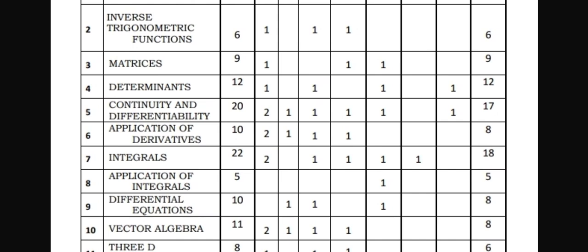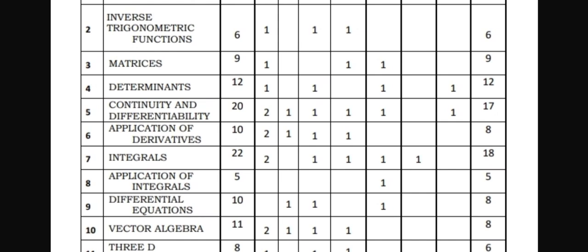Okay, we have to solve the formula for 3 marks, and there is one question based on the formula we have to solve, that is 2 marks. Overall there is one 5 marks question and one 6 marks question based on definite integrals.